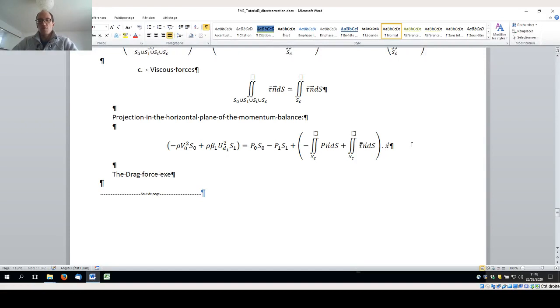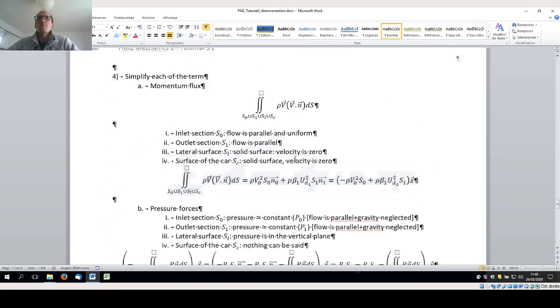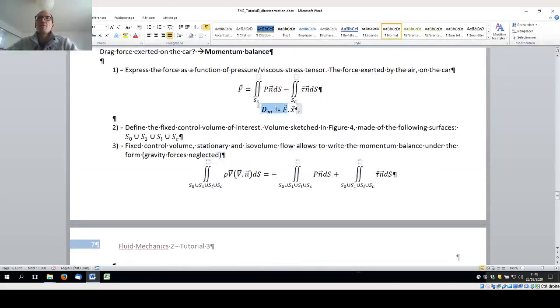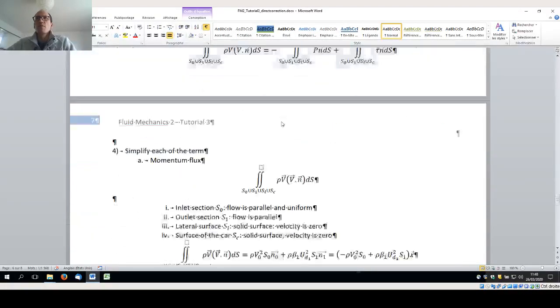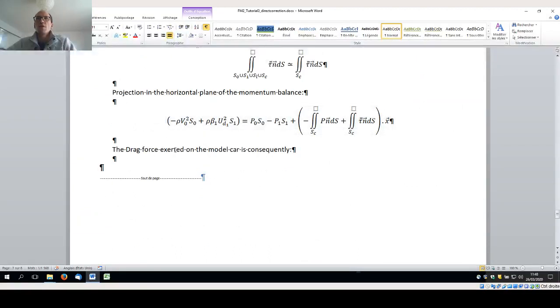The drag force exerted on the model car is consequently minus this term, so it's equal to this term minus this term. So this is actually not so complicated.